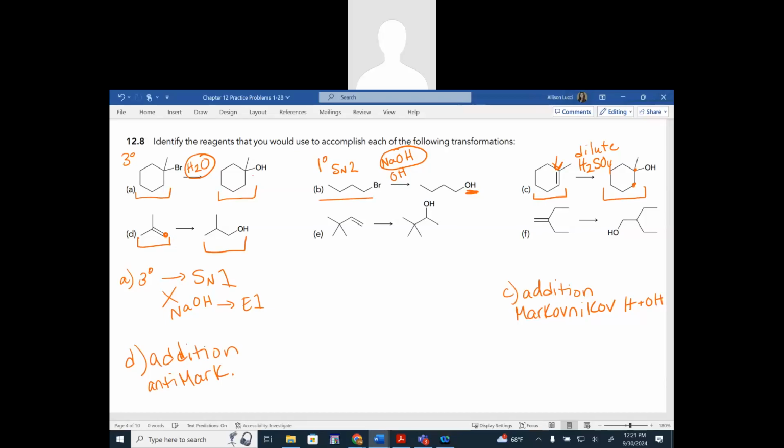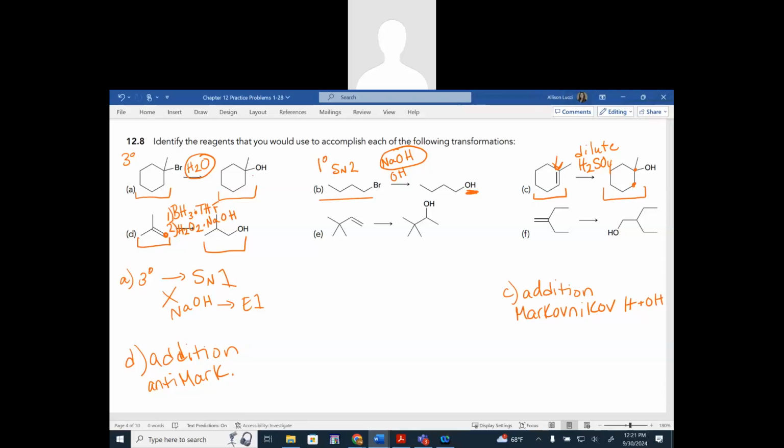So reagents that could accomplish an anti-Markovnikov addition could be hydroboration oxidation specific reagents. So we could have our two-step mechanism here. We could use borane in tetrahydrofuran, THF, and then we could follow that up with hydrogen peroxide in basic conditions. So we could do H2O2 in NaOH for D.